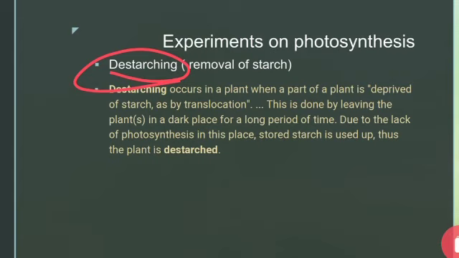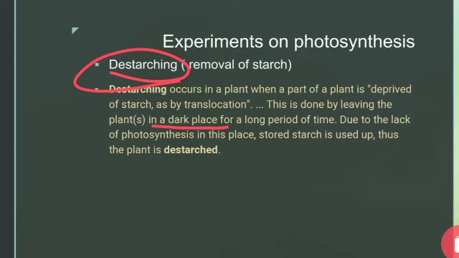So the leaf loses its starch, and this can be done by leaving the plant in the dark for about 2 to 3 days, or 24 to 48 hours.